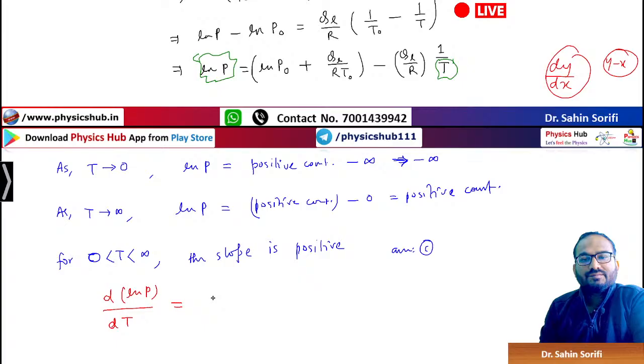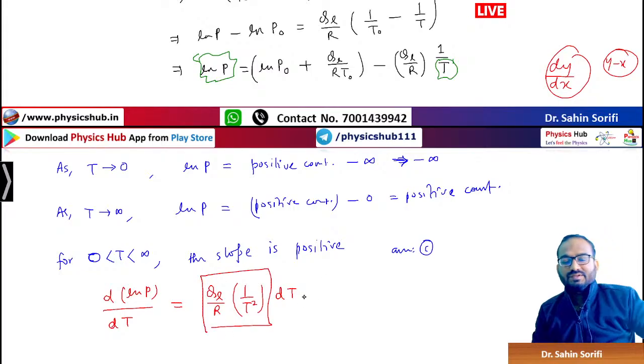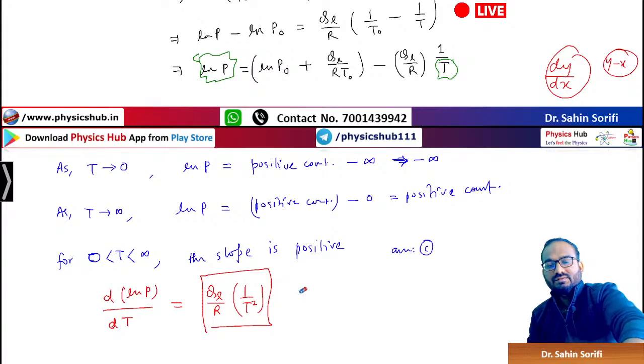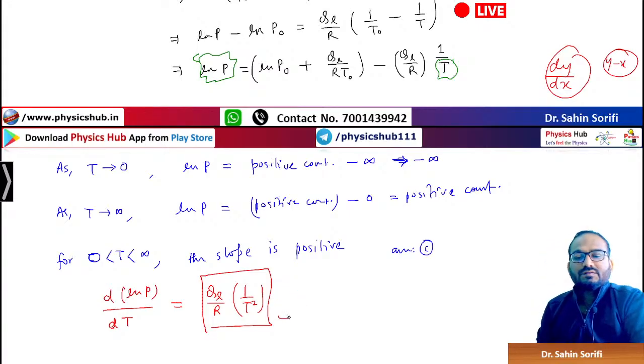You see this minus sign will be absorbed, and the first part is a positive constant, so its derivative will be 0. So we get QL by R times 1 by T square. So this is positive. This is the slope, and it is positive.